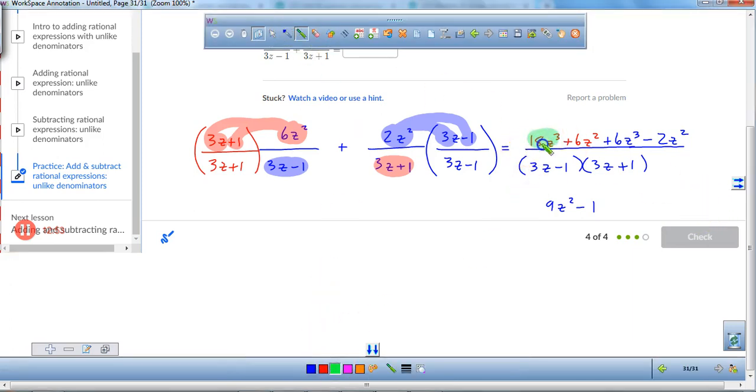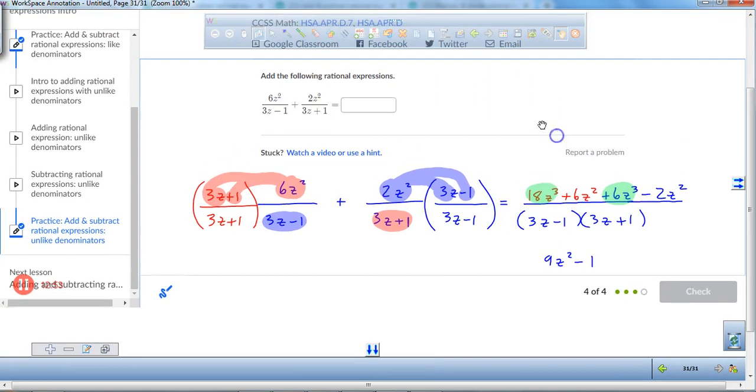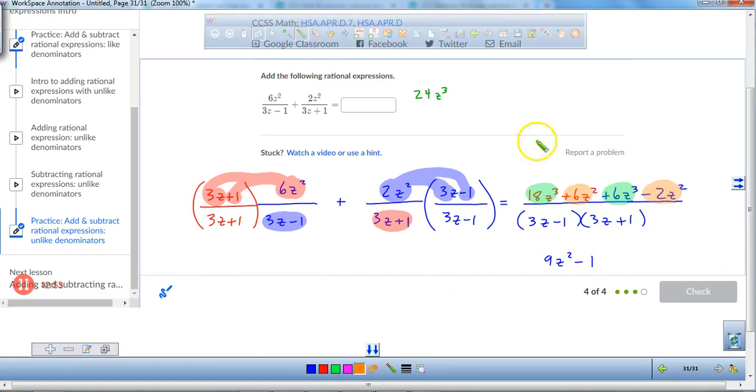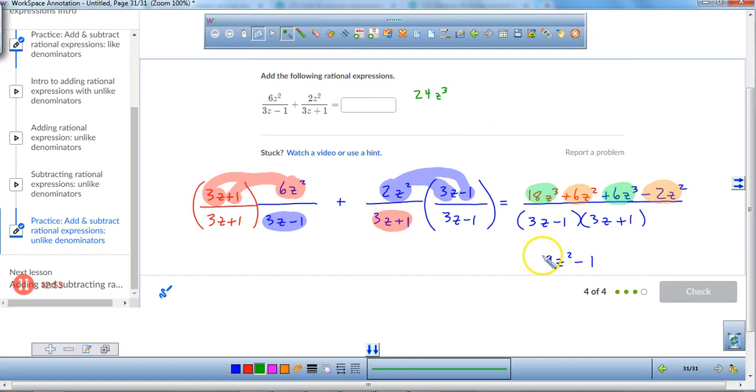We've got 18z cubed. All right, we're going to add it to 6z cubed, which is going to give us a total of 24z cubed. Then we're going to take the 6z squared and we're going to take away 2z squared.